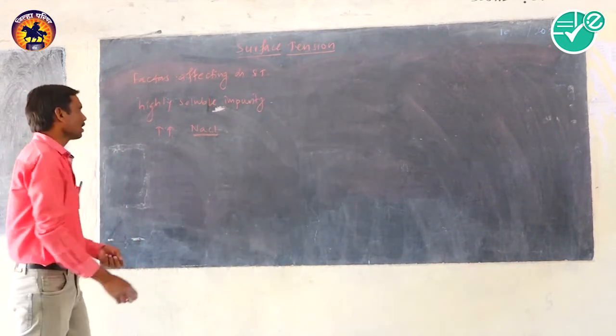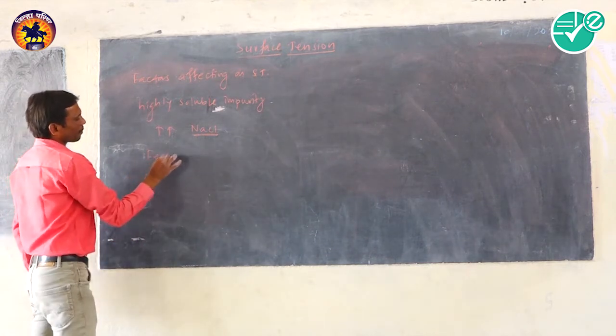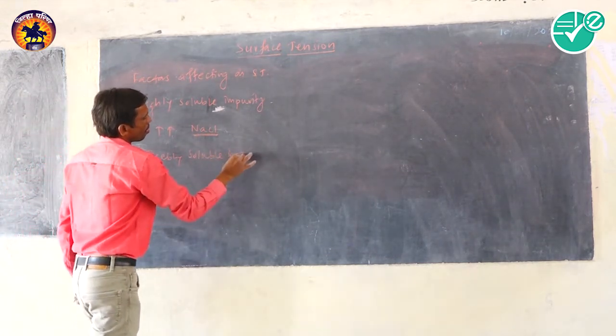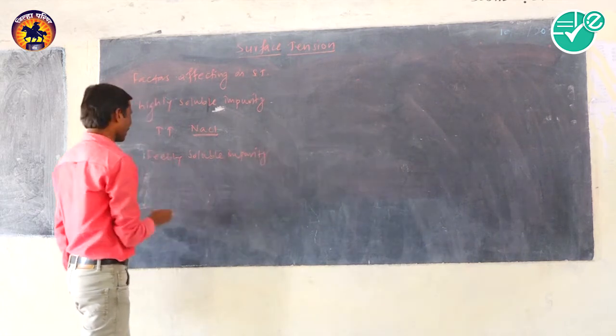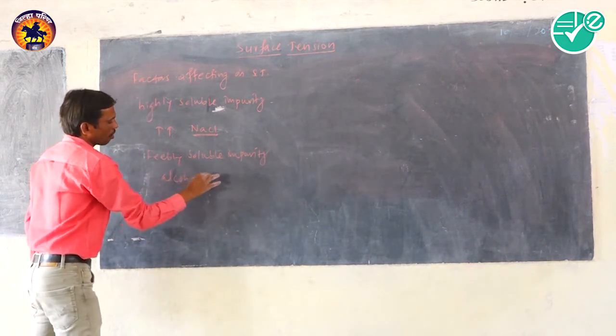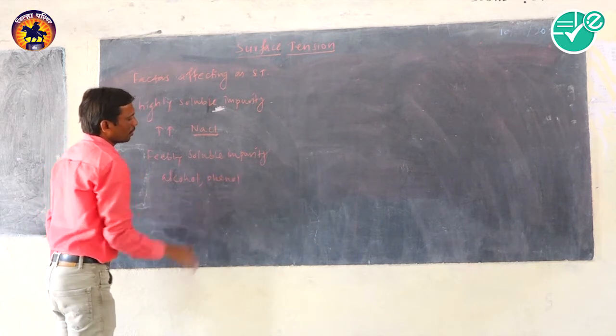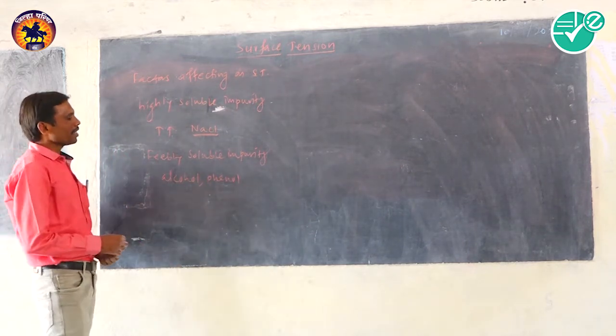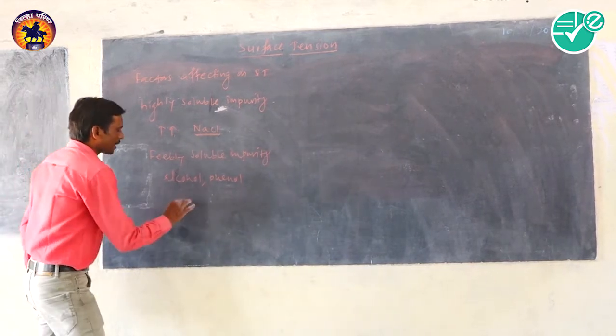Feebly soluble impurities such as alcohol or phenol, when added in the water, decrease the surface tension.